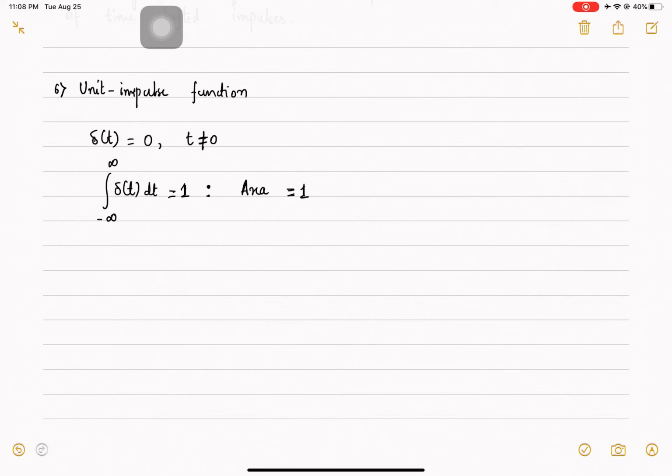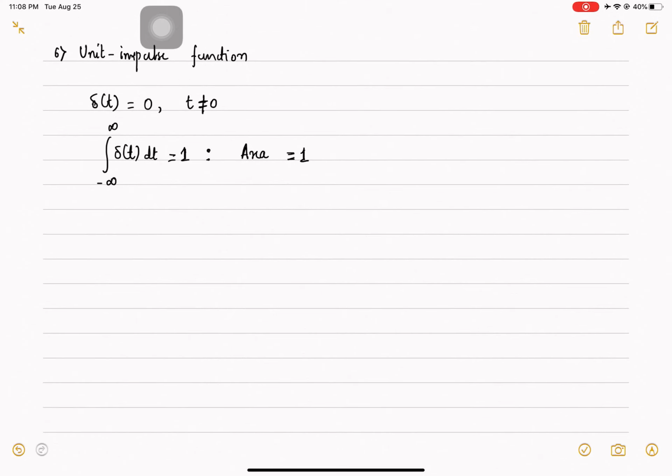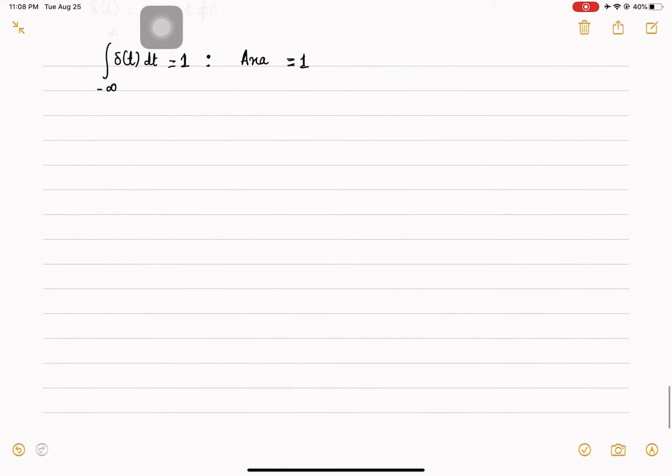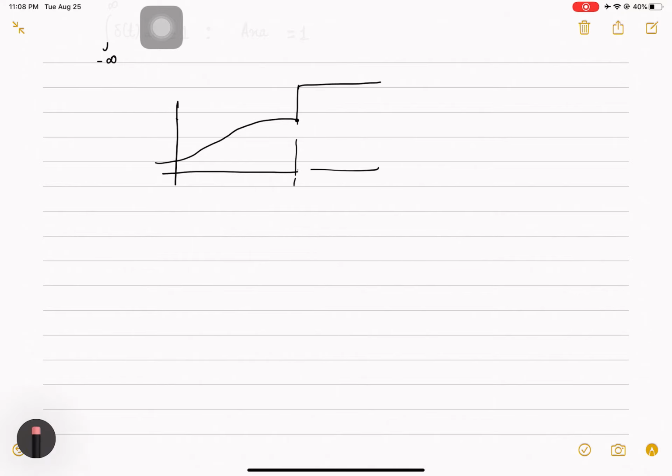Now here, you just need to know a little bit about discontinuous functions, the meaning of the term continuity. This is from calculus. Suppose I have a function something like this. I have a time axis here.